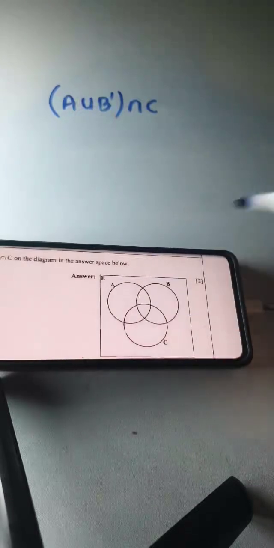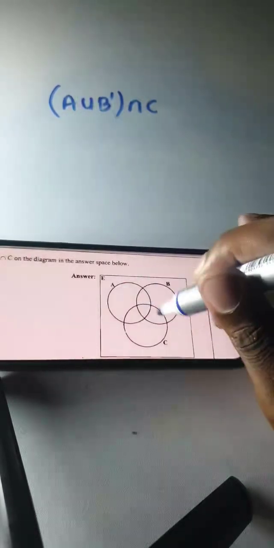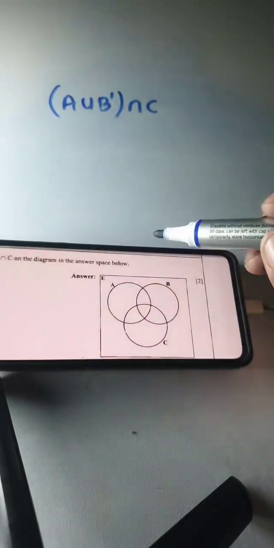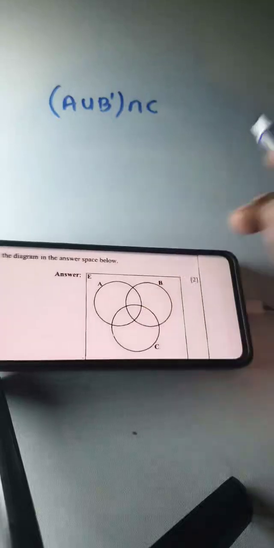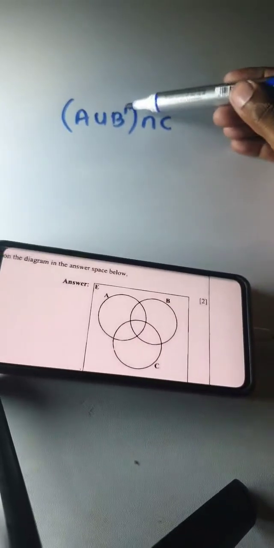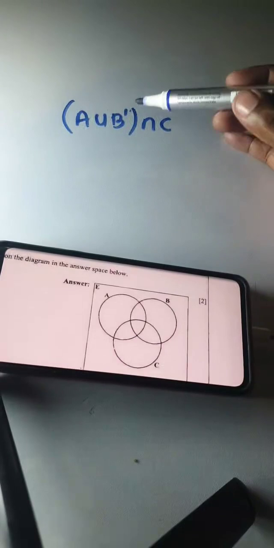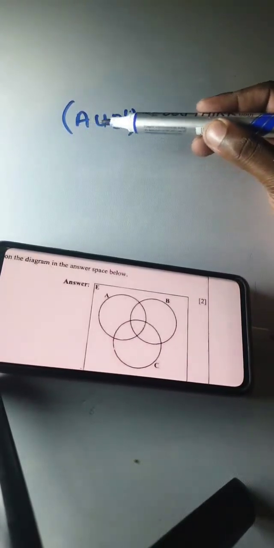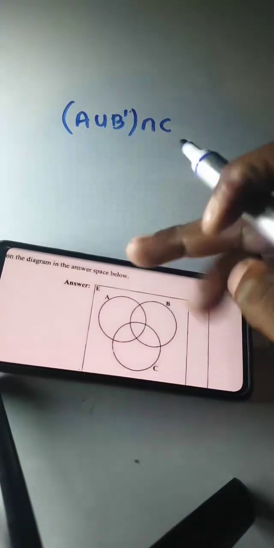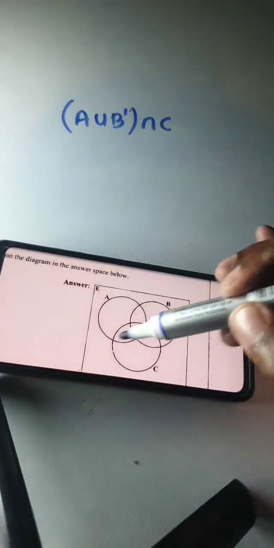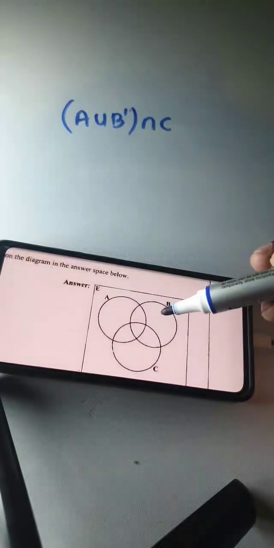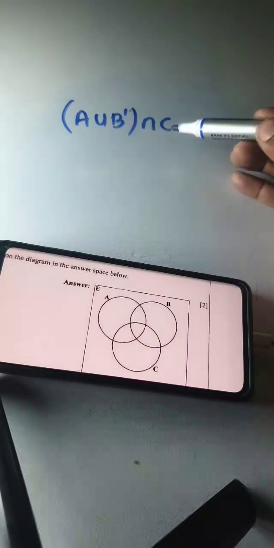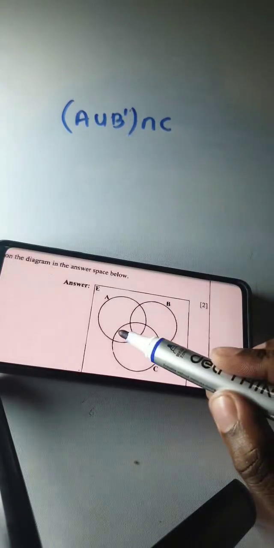It's more like playing with diagrams and stuff. Without this complement, let me make you understand. Without this complement, it means what is in A is shaded together with what is in B, the entire A and entire B. And then it should intersect C.